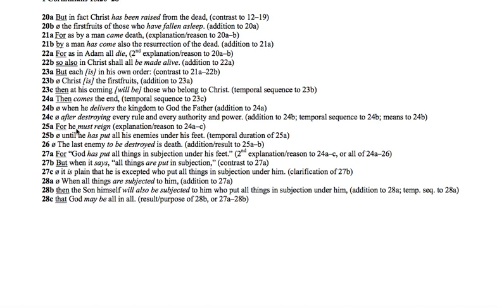Carrying on, for he must reign. Okay, for, we have an explanation or the reason. Again, I'm leaving that open, but I'm suggesting that it's the explanation or the reason to all of the subdivision of verse 24. Okay, 24a to 24c.